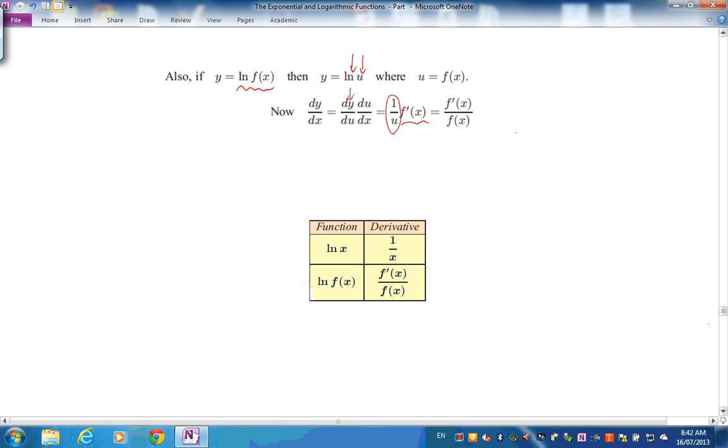Let's do a little example over here. What about y being the ln of, let's say, 3x squared? Okay, so the derivative of ln is 1 on whatever it was. You don't play in here yet though. You just do that first function by the chain rule, and then you must multiply by the derivative of this function, which is 6x.